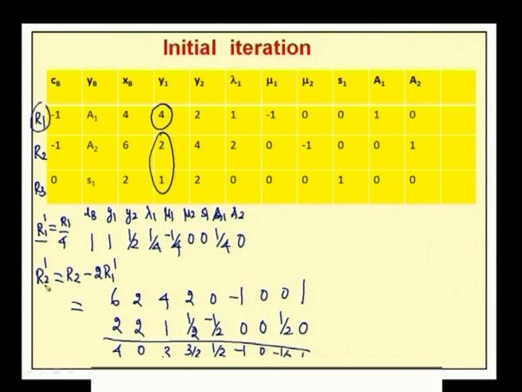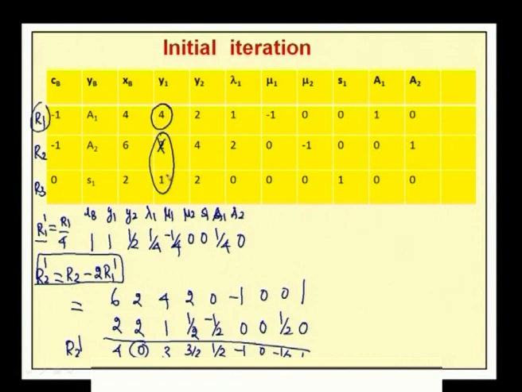So, by making use of the row elementary transformation R2 minus 2 R1 dash, I will get the value as 4, 0, 3, 3 by 2, 1 by 2, minus 1, 0, minus 1 by 2, 1, which is our new R2 dash. Now, if you observe, the value corresponding to y1 is 0. So, by this elementary transformation this 2 becomes 0.